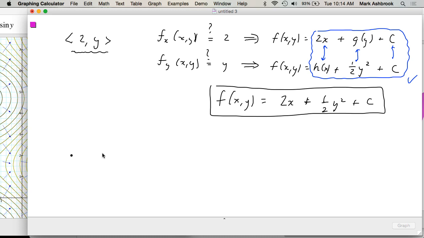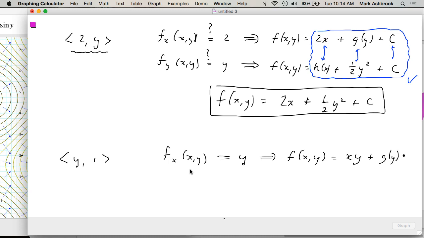Okay, so what about y comma 1? The partial derivative with respect to x is y, and our first perspective on f is xy plus potentially just a function of y plus c.